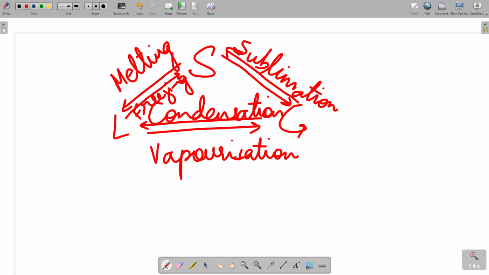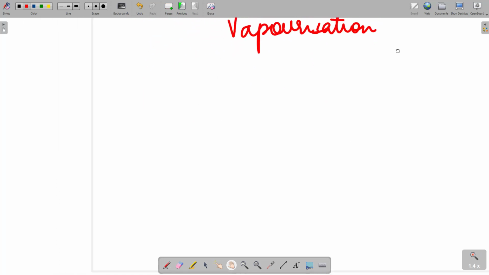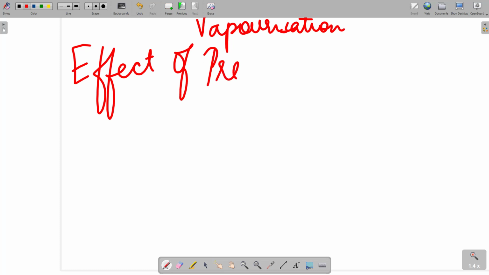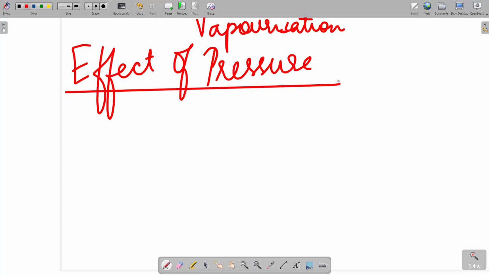Okay. Next thing that we're learning here is about effect of pressure. Because we're using atmospheric pressure and what happens at normal temperature, normal pressure.